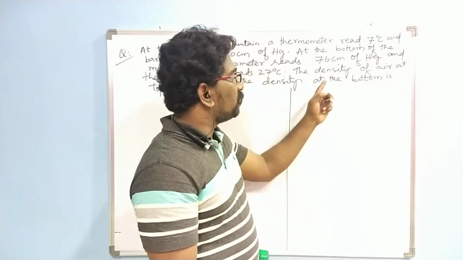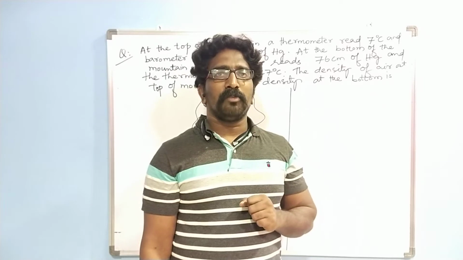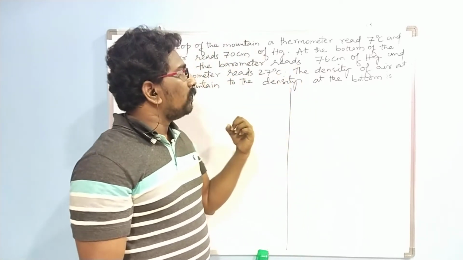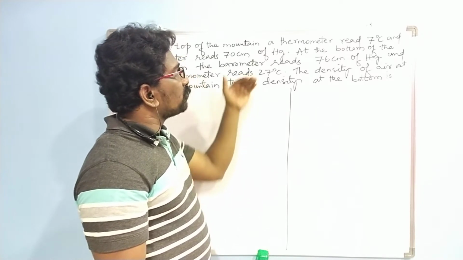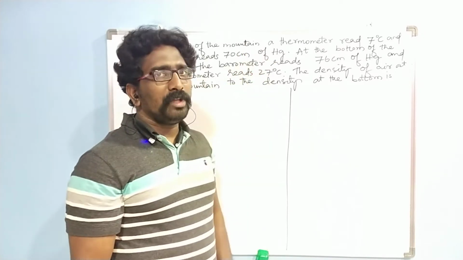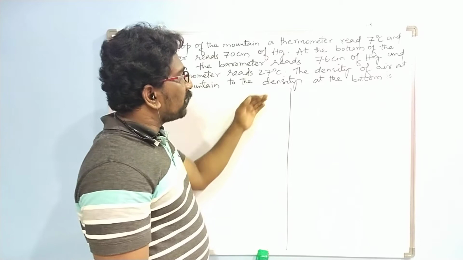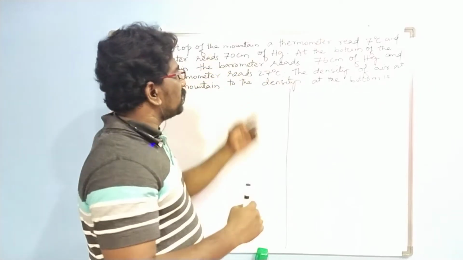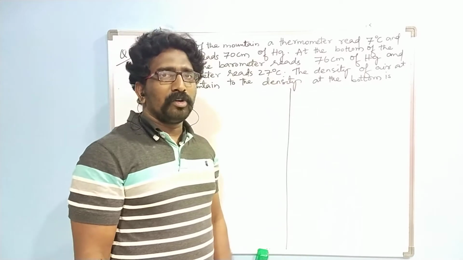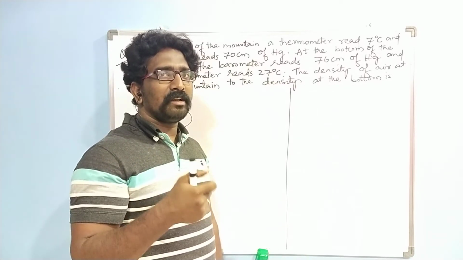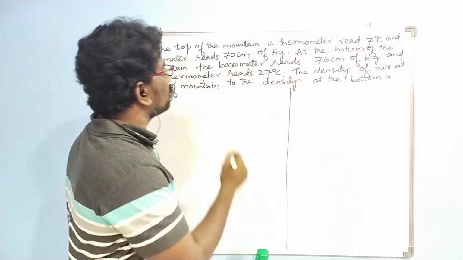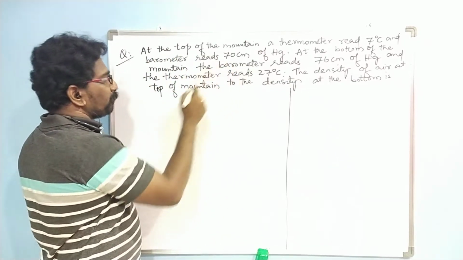So the thermometer will measure the temperature and the barometer will measure the pressure, and the values of the temperature and pressure are given with respect to the top and bottom of the mountain. We are supposed to find the density of the air at the top of the mountain to the density of the air at the bottom of the mountain. So you are supposed to find the density ratio. Let us write down what is given to us.